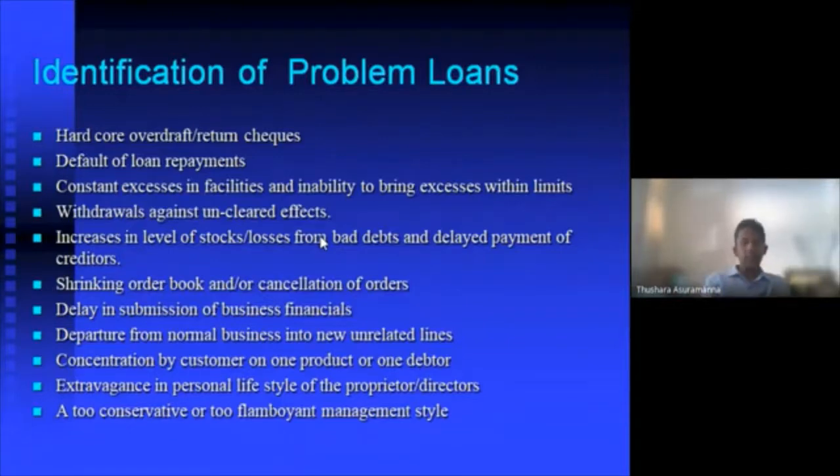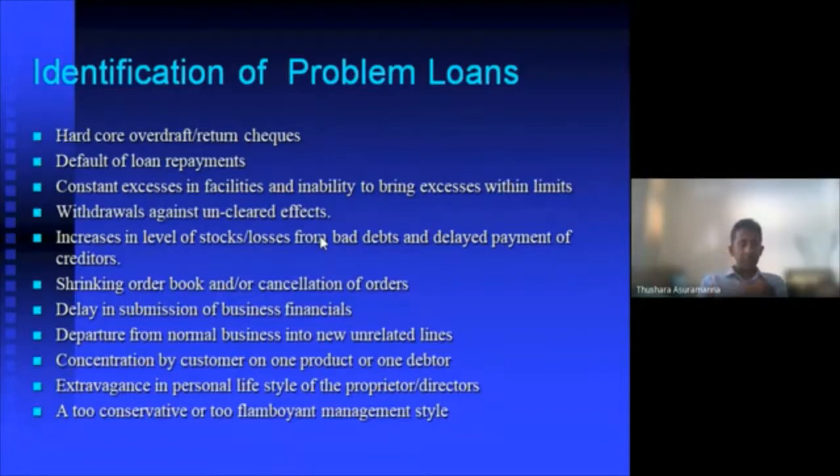Loan repayment default. Continuous excesses above the approved limit. In terms of operational perspective: bad debts, stock levels going up, creditor payments delayed, order book coming down, cancellation of orders by the prospective customers, buyers.